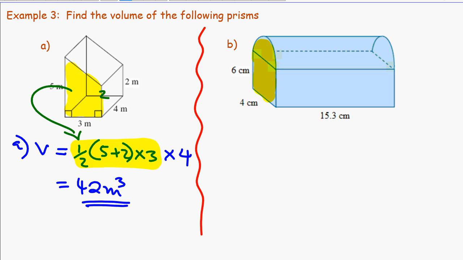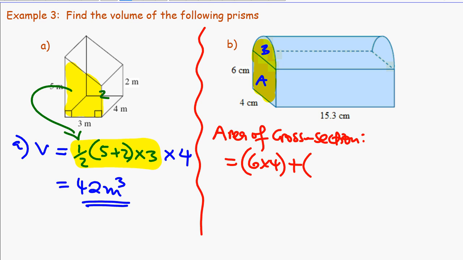The next bit, again, I'll work out the cross section. Here, I have A and B. My cross section has 2 bits, A and B. So area of cross section will be equal to area of A plus area of B. Now the area of A is 6 multiplied by 4.